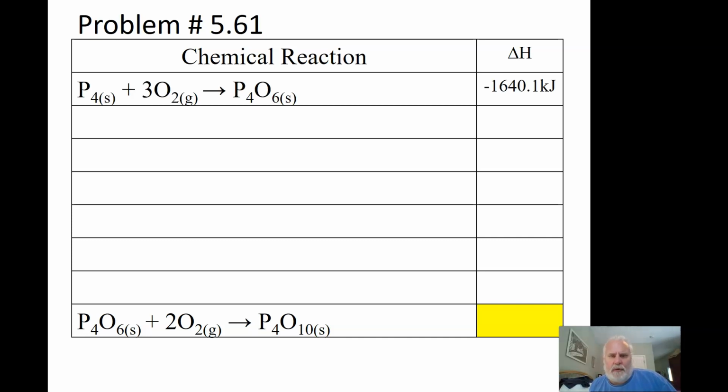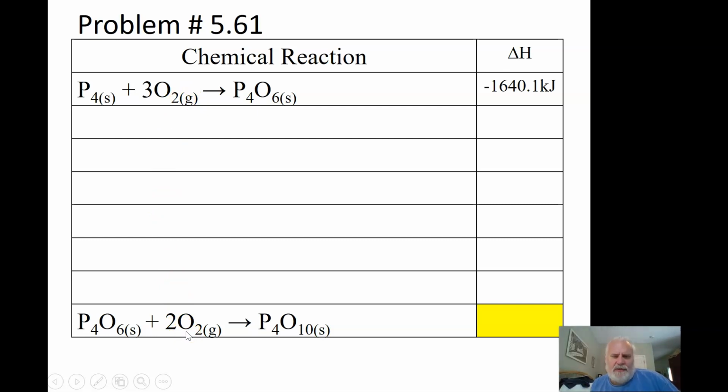So this data was given to us, so go ahead and write that one in the top. It was also given that this is a very exothermic reaction, nice negative value for the kilojoules. And we need to get this reaction so that it becomes this reaction.